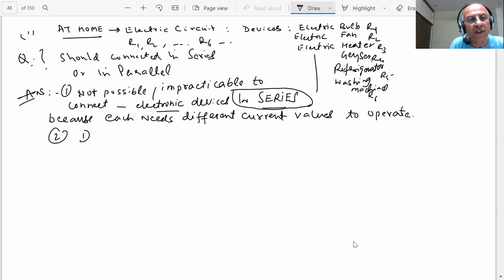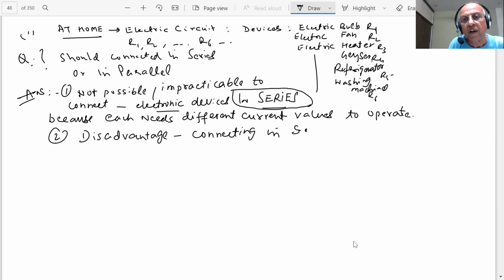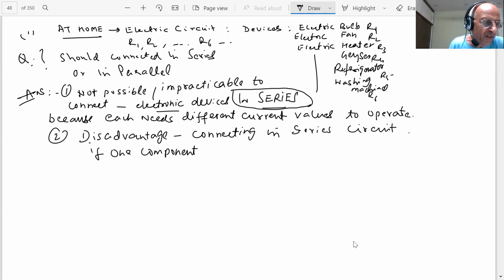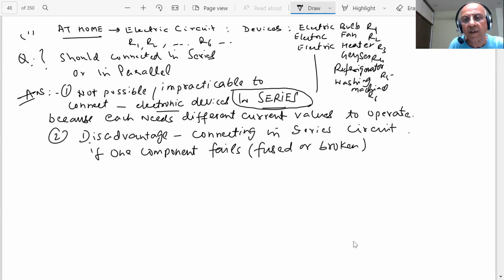Second disadvantage. What is the disadvantage of connecting these appliances in a series circuit? What is another disadvantage, student? If one component fails, fused, or broken, what will happen?